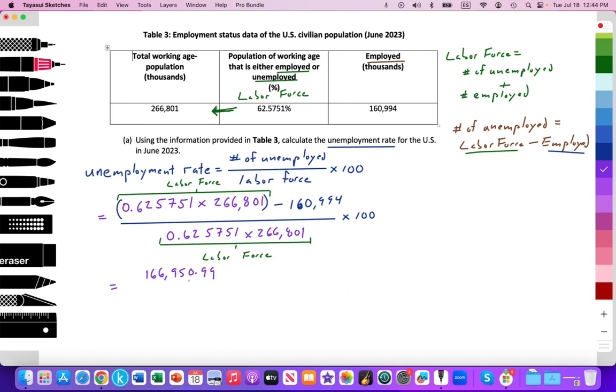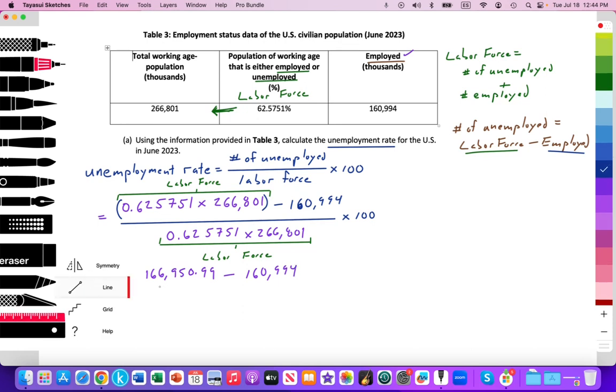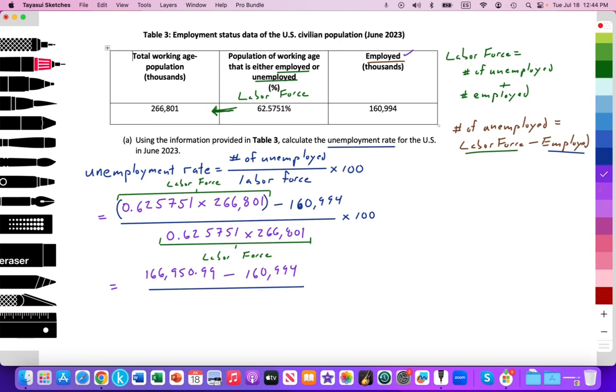That's going to be our labor force minus the employed that we have here, 160,994. That divided by the labor force, which is 166,950.99. And that number times 100. So what does that work out to?